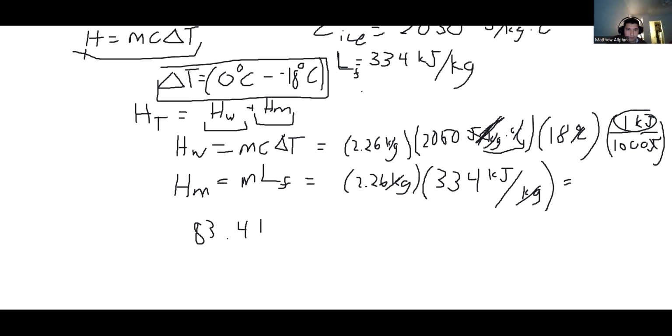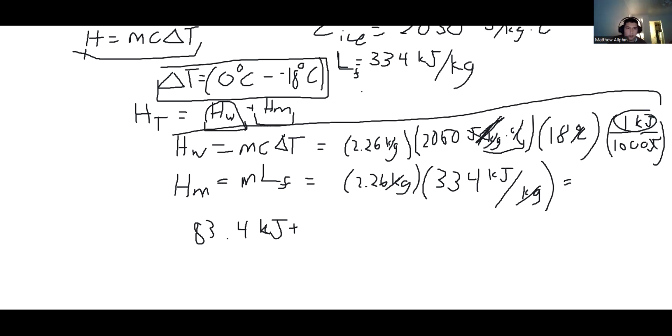Kilojoules plus, so that's from this part right here, and I got that from here. Then plus my other, the heat of melting, which ends up being 334 times 2.26 kilojoules, which is 754.8 kilojoules, and I add those together.